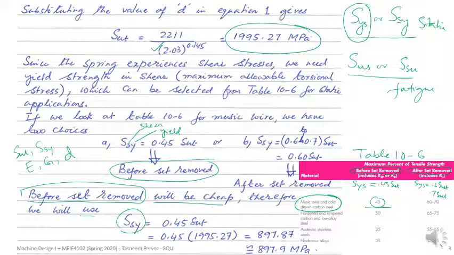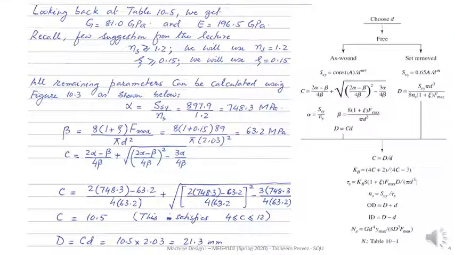We go to the next slide where I will be selecting. You can see the value of the G and the value of the E. And remember, these values are taken from table 10.5 and they belong to a certain diameter. And in our case, the diameter that we have is 0.08 inch or 2.03 millimeter. But the table actually uses this value.